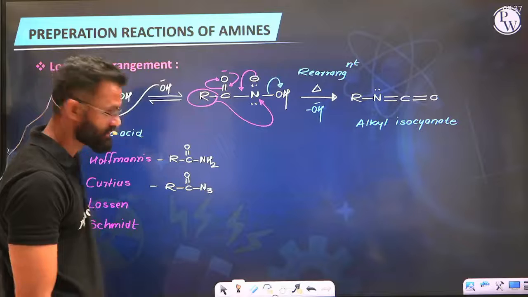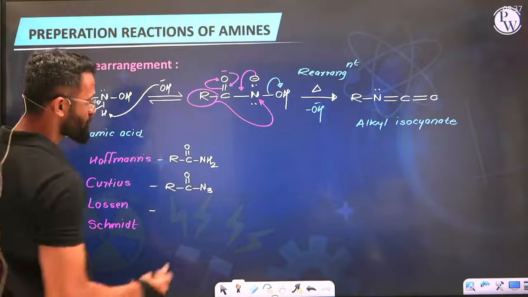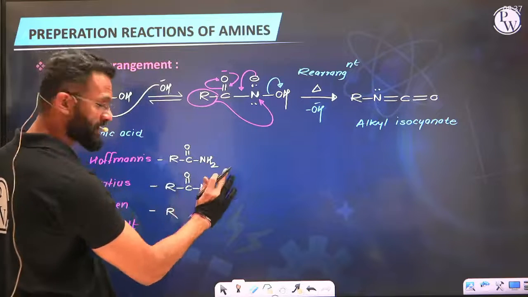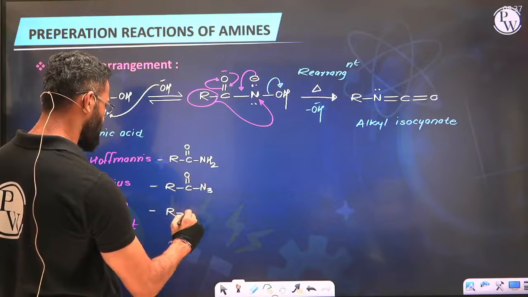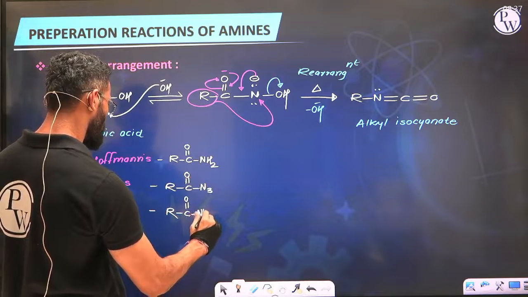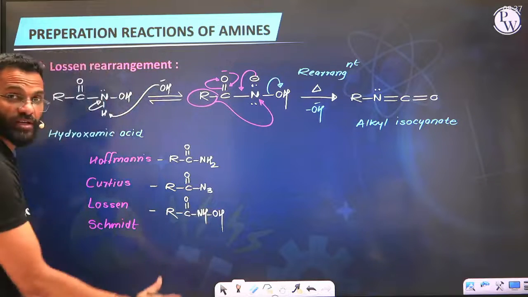So that is acylazide. In Lossen, we replace one H with OH. So I'm keeping amide as my reference, I'm going to replace one H with OH. So we'll be getting RC=O, NH and OH. That's what we call hydroxamic acid.